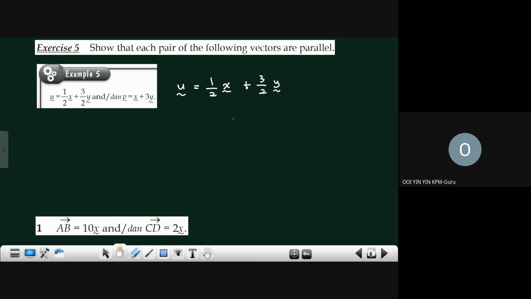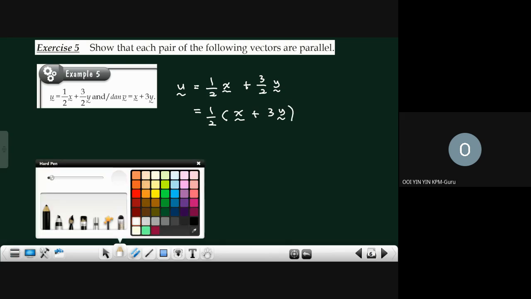Because here there is 1 over 2, and here also there is a 2 below, I can factorize out the 1 over 2. Here I will only be left with x, and here, if I factor out 1 over 2, what I get is 3y. Can you see that?